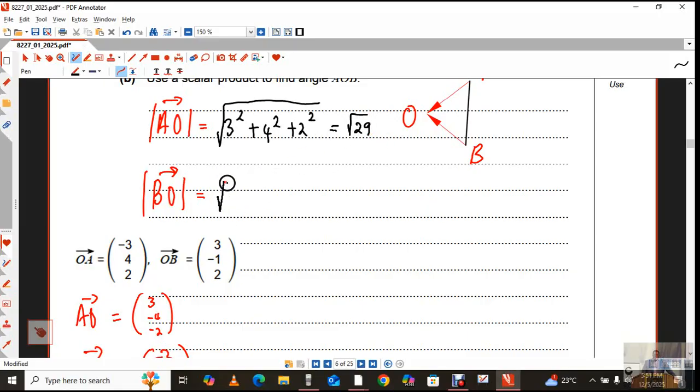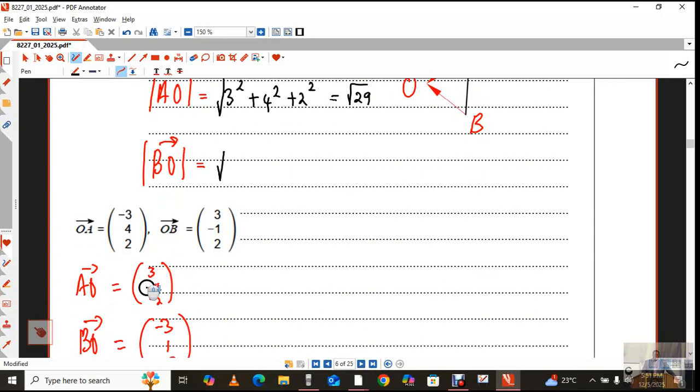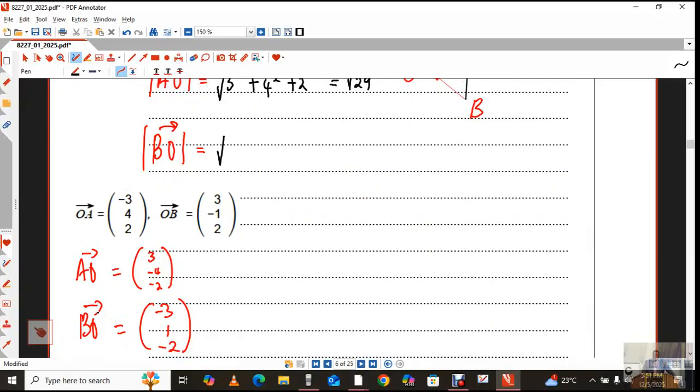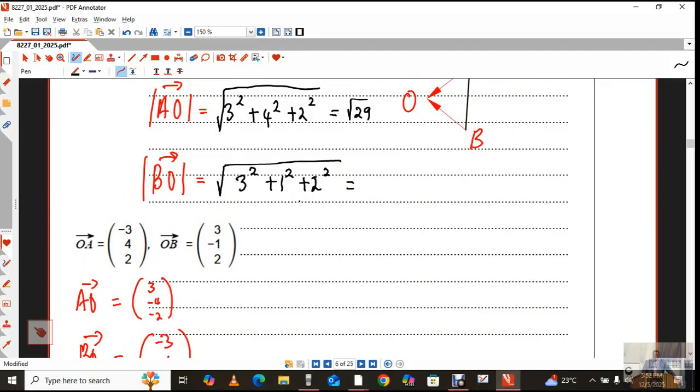The same when I come to BO. I don't have to worry about the negatives, right? It's 3, 1, and 2, because anything you square will be positive. So it's 3 squared plus 1 squared plus 2 squared. Square root of that. And what does that give you? Well, that's 9 plus 4, which is 13, plus 1, which is 14. So this gives you the square root of 14.